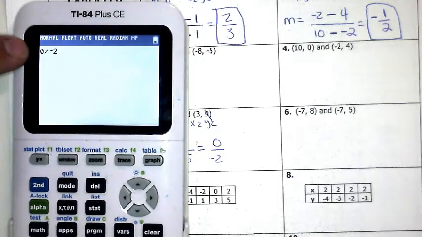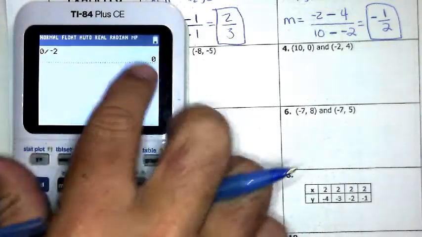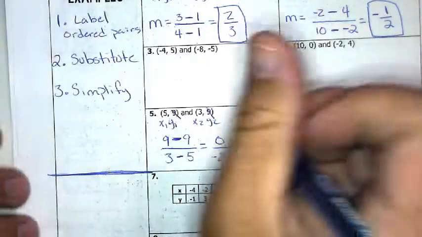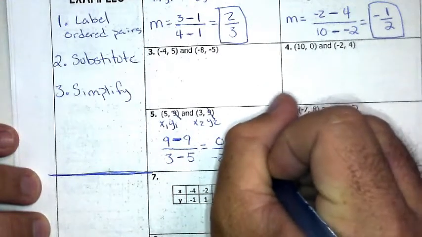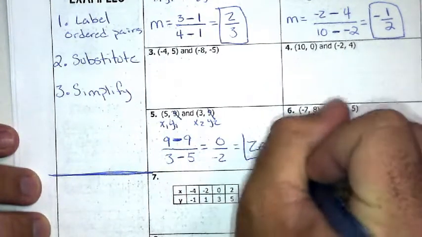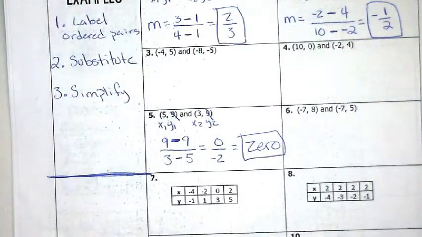And any time that I get 0, my slope is the word 0. When 0 is in your numerator, your slope is 0. Okay.